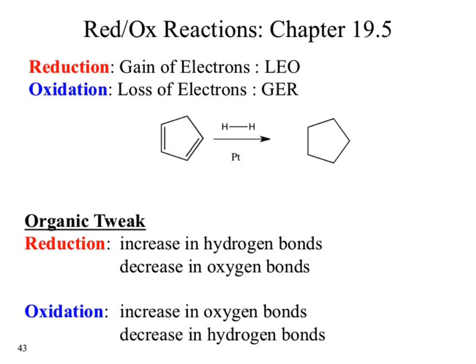Our organic tweak behind this reduction is increasing bonds to hydrogen. So the more bonds to hydrogen you have, you've reduced it. So if we go through and take a look, let's pick our red carbon. What happened to it? It gained the hydrogen. We drew in all the bonds.